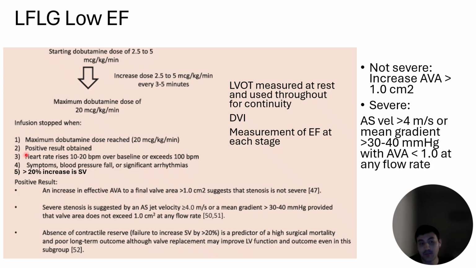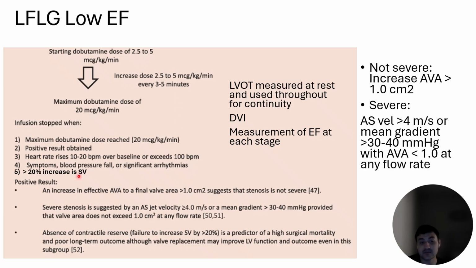When you have a positive result at 10, meaning that if you increase to 5, then to 10, and at 10 you have a velocity more than 4, you stop because that is a positive result. The heart rate increases 10 to 20 over baseline or exceeds 100 beats per minute. If you have this, you stop. And if you find the velocity was less than 4, that tells you it is a negative test.